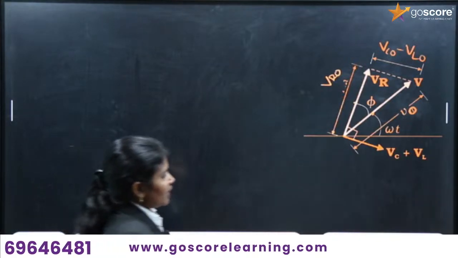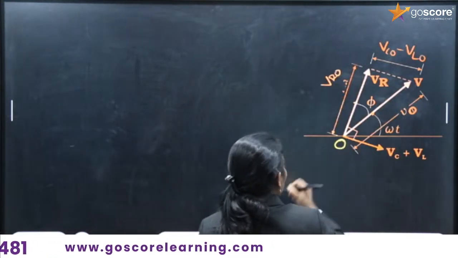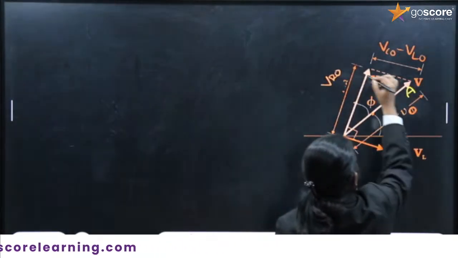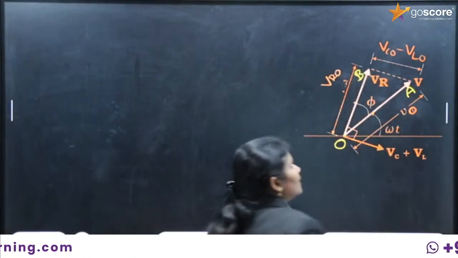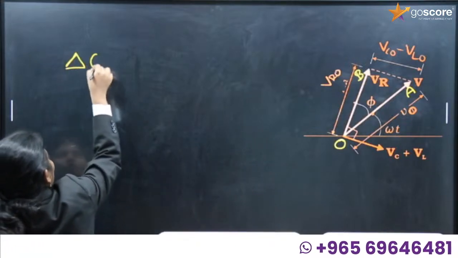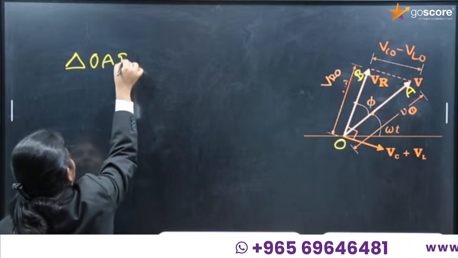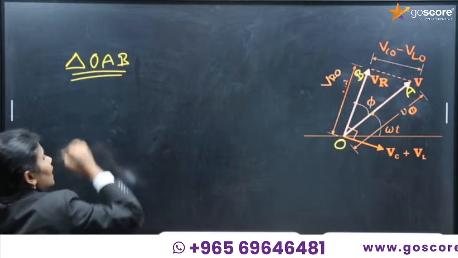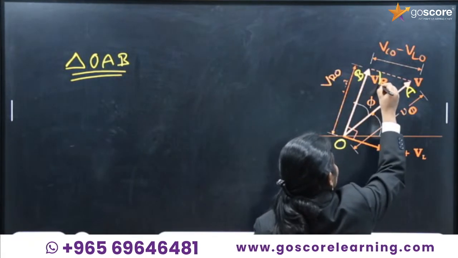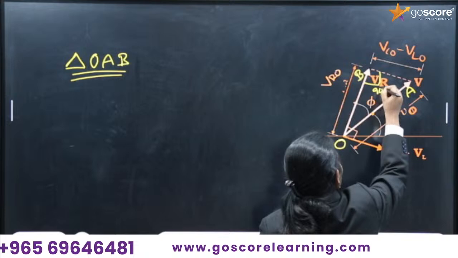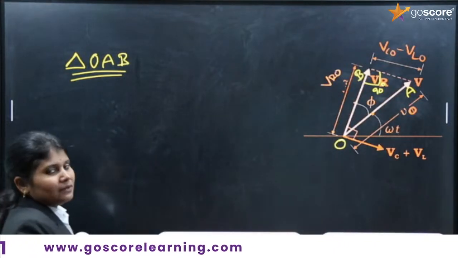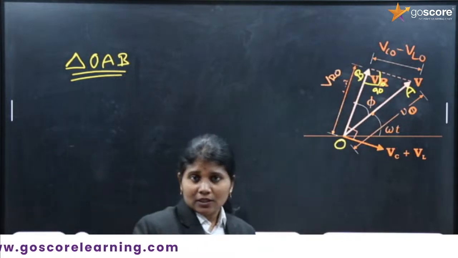I am considering here it is O, it is A, it is B. According to triangle OAB, here it is 90 degrees. Apply the Pythagoras theorem. What is the Pythagoras theorem?